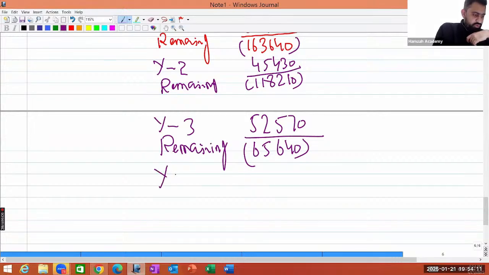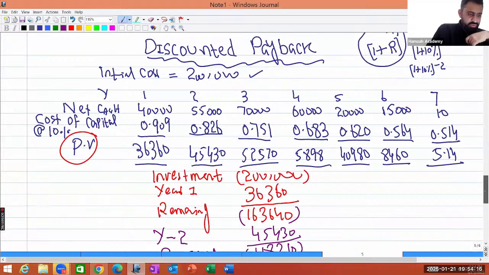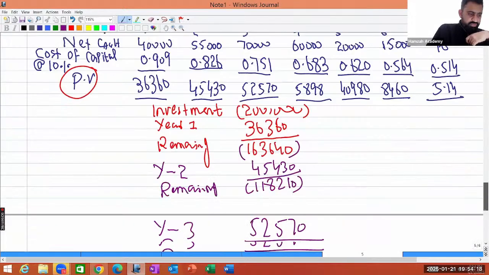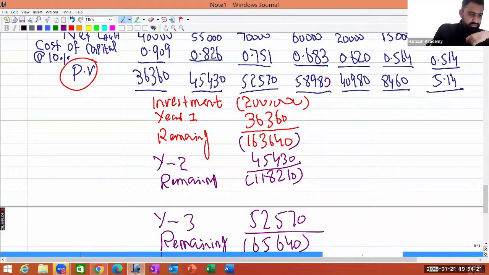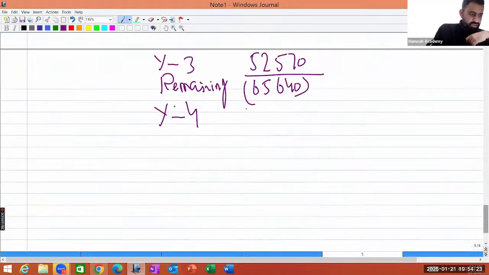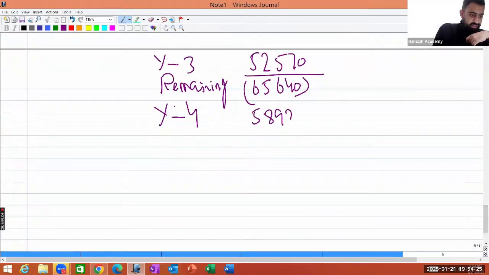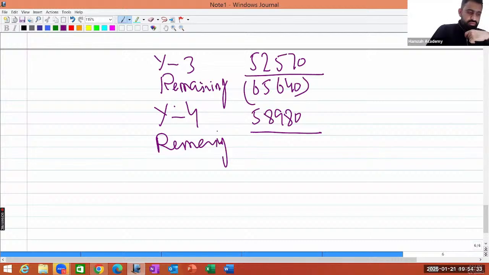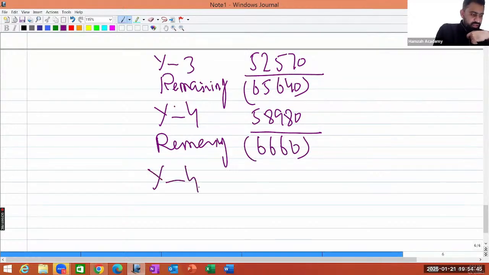And then the year 4 cash flow is 58,980, and the remaining would be 66,660.